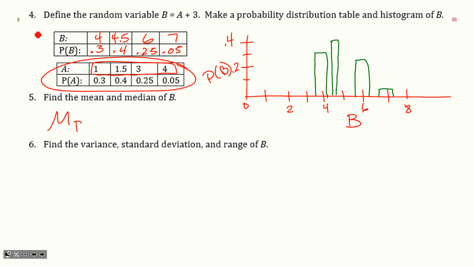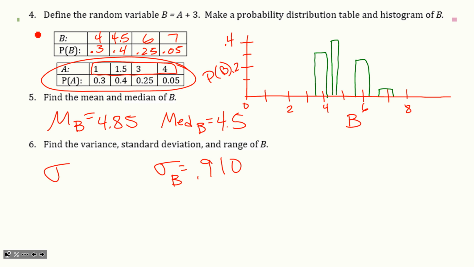The mean of the random variable B is now 4.85. The median of the random variable B, 4.5. The standard deviation, 0.910. I have to type that into my calculator to get the variance, 0.827. And now the range of B is the max minus the min, which is 3.